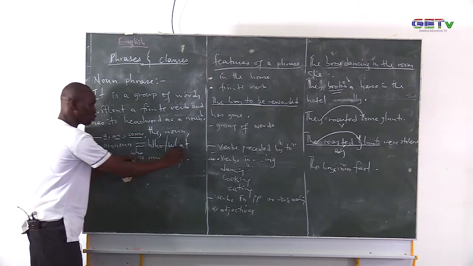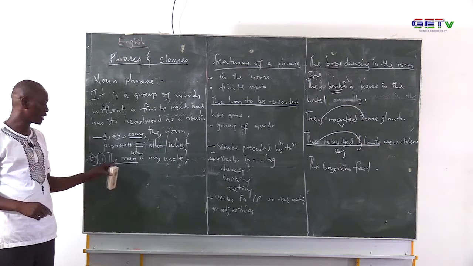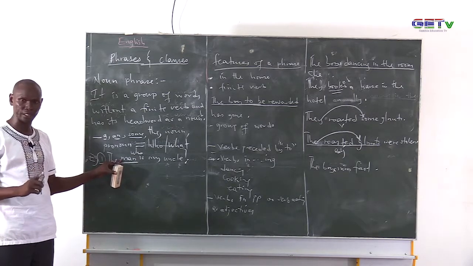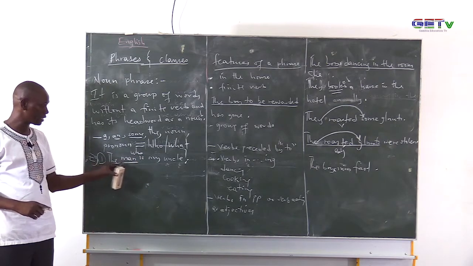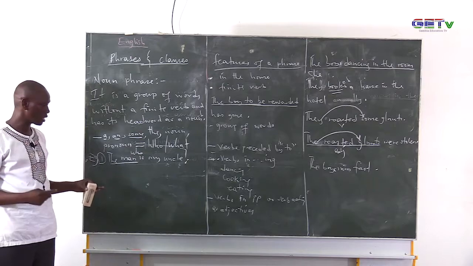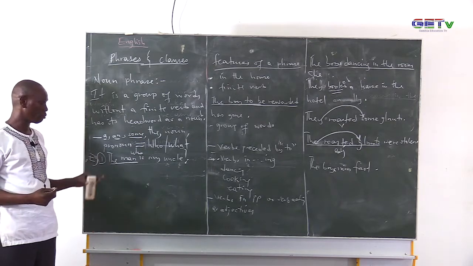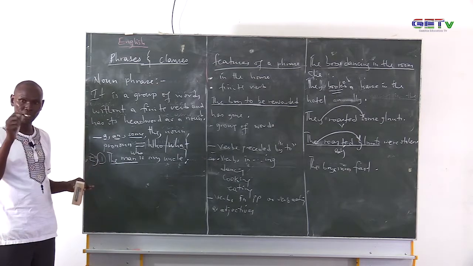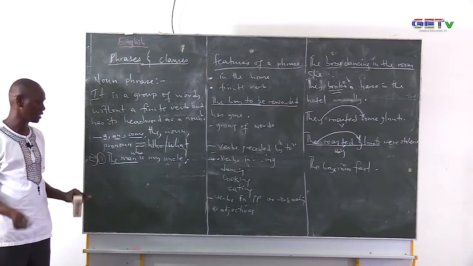Who is my uncle? You have a question mark. The answer automatically becomes the man. So this becomes a noun phrase, and it becomes subject of the verb is. Even though we have two words, as I mentioned earlier, phrases are two or more words, but if it is only one, you call it a noun. But since it is two, you cannot call this noun, but a noun phrase.